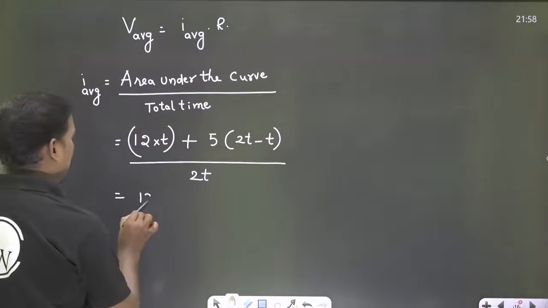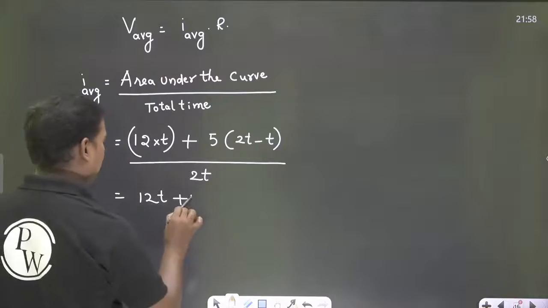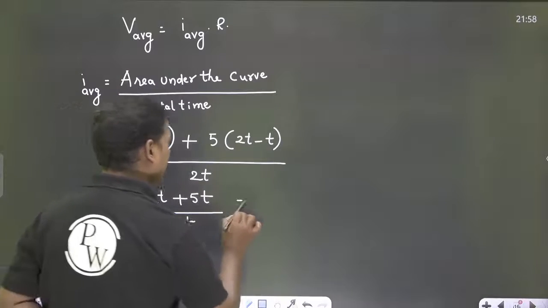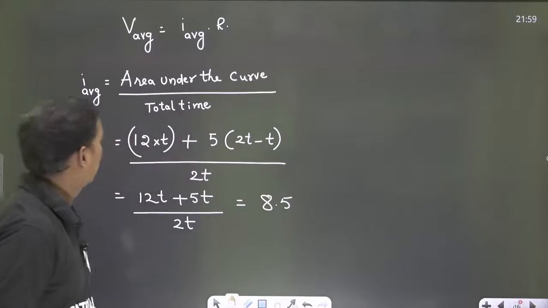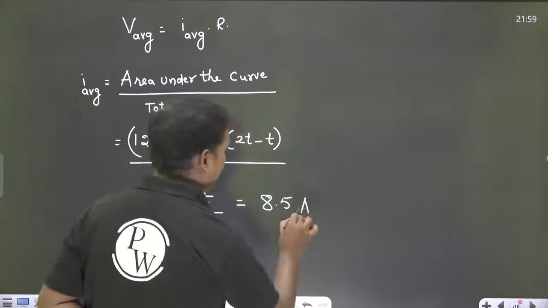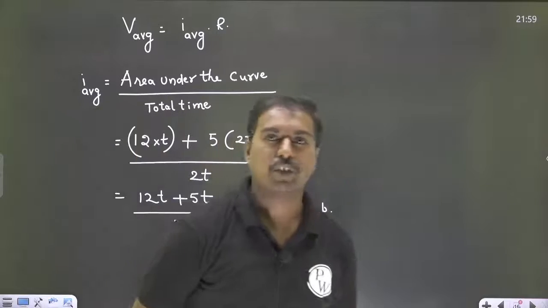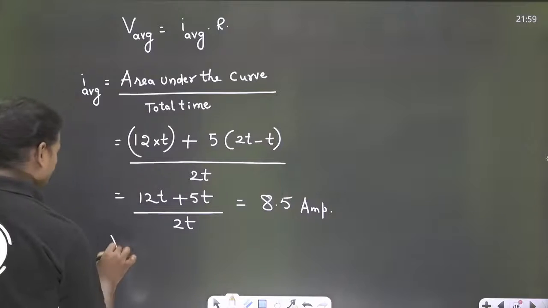So this will be 12t plus 5t, so 17t by 2t, that comes as 8.5, the t gets cancelled. So I average is 8.5. The average current is 8.5 amperes.